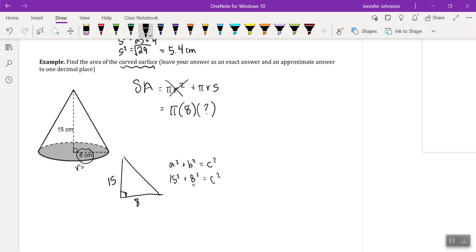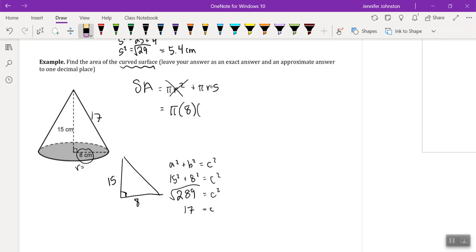So we add the squares. So 15 squared plus 8 squared, that's 289. Does that make sense to be 289? No, it does not. It has to be square rooted, which gives us actually 17. We have a c. So this slant height here is 17.